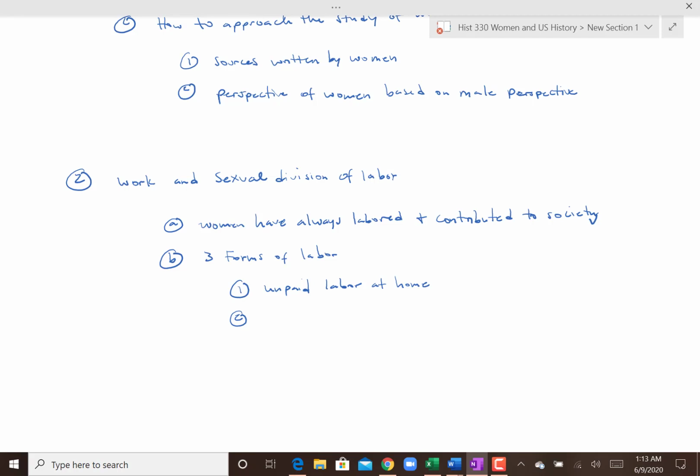So one of the things that women do is they create the cult of domesticity, which we will get into when we get to that point, intentionally to try to make their labor not just visible, but valuable. They were saying that the work that women do at home is a noble profession, right?